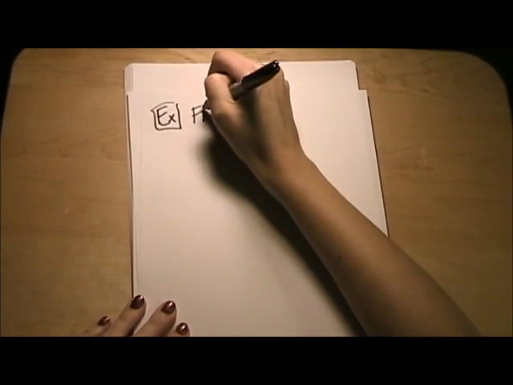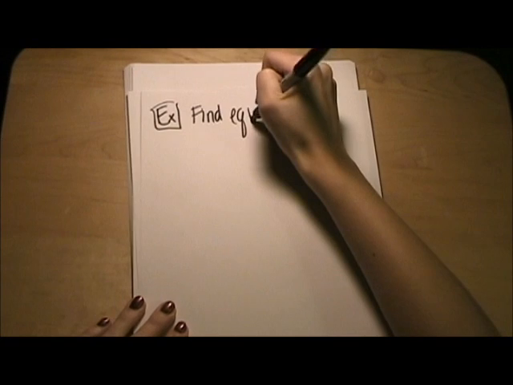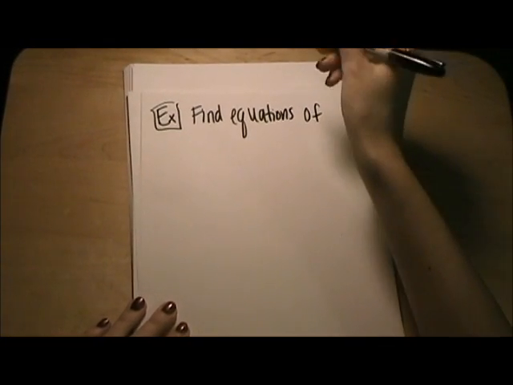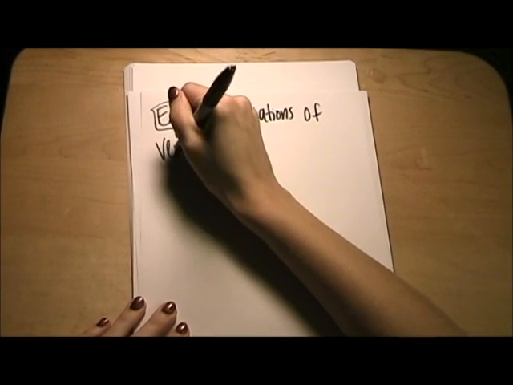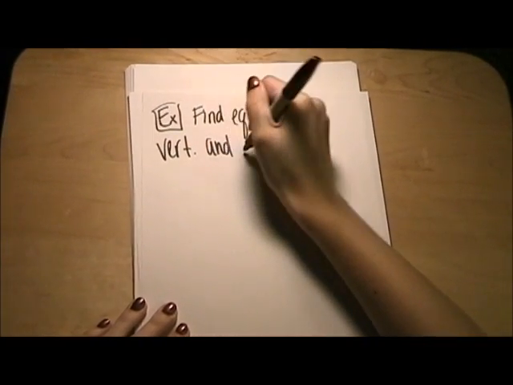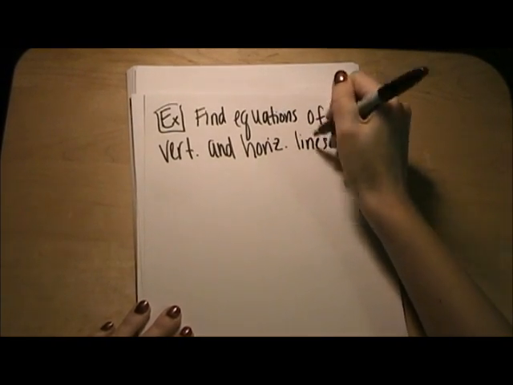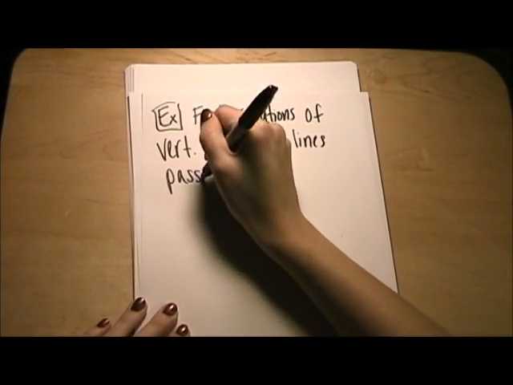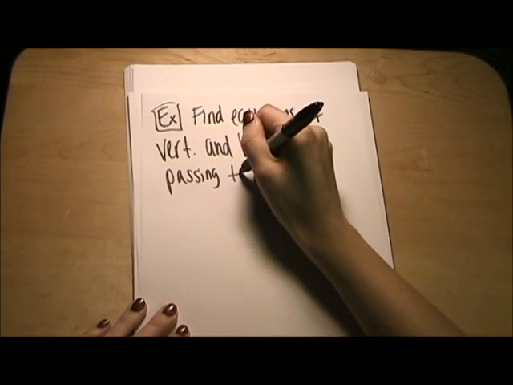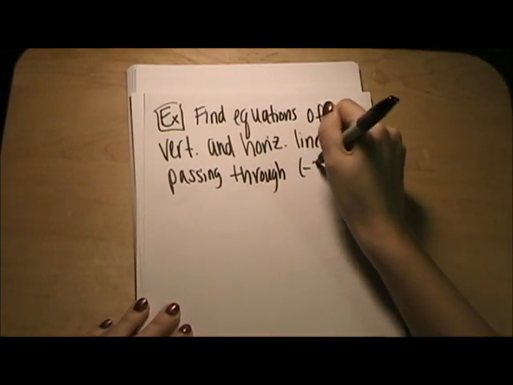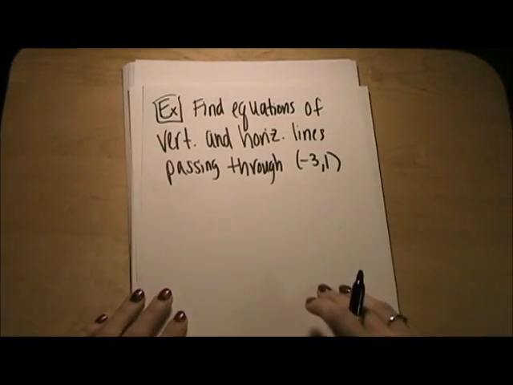Let's say I want you to find equations of vertical and horizontal lines passing through -3, 1.